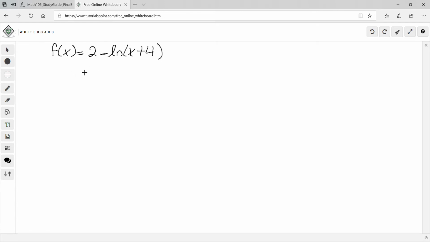So what I can do is, this is a natural log graph. So a natural log graph is pretty much like log graphs. So it's pretty much inverses of exponential graphs. So remember, an exponential graph had a y-intercept of 0, 1.